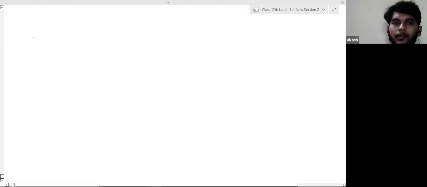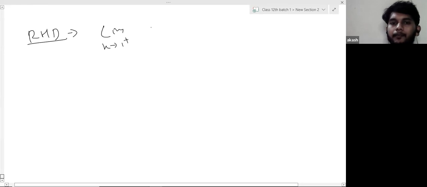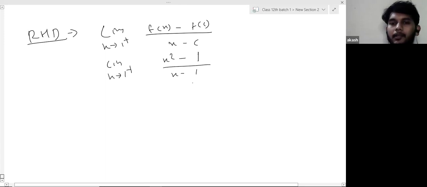And for RHD also we can do the same. Limit x tending to 1 plus, f of x minus f of c upon x minus c. So limit x tending to 1 plus, x square minus 1 upon x minus 1. Put x equals 1 plus h, h tending to 0.